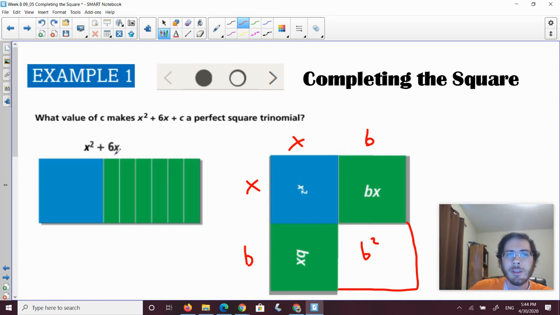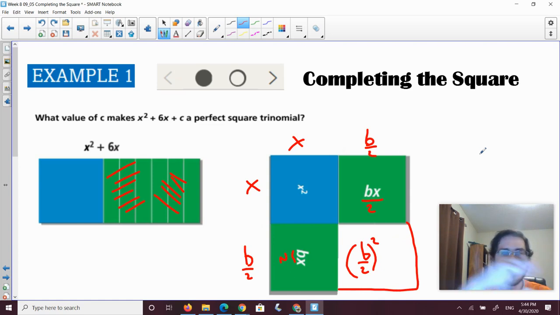So instead of this being my b, I need to split it up, because I need to take half of them and half of them. So instead of b, it's going to be half of my tiles: b over 2, b over 2. So this isn't going to be b squared, it's going to be b over 2 squared.